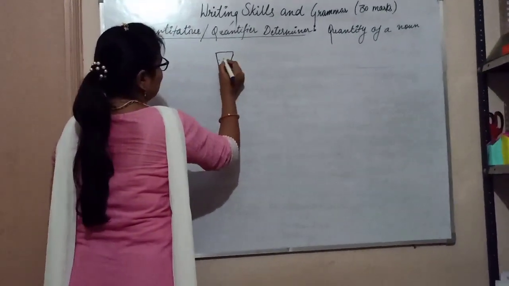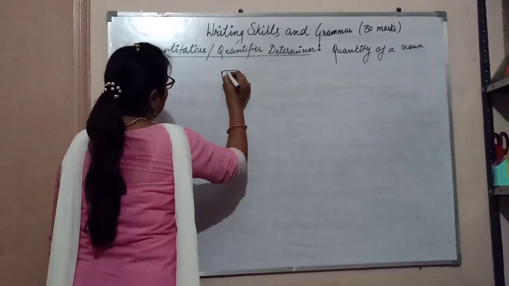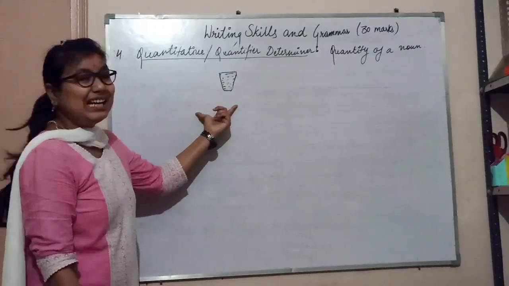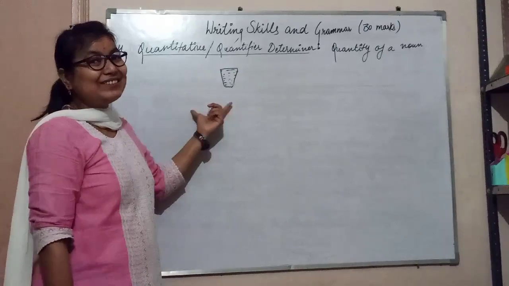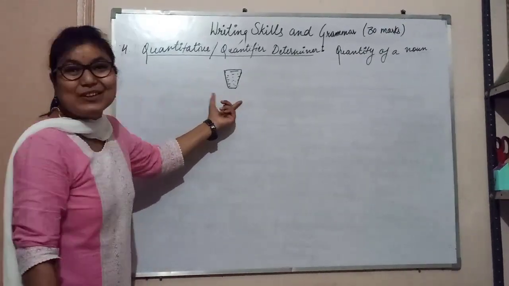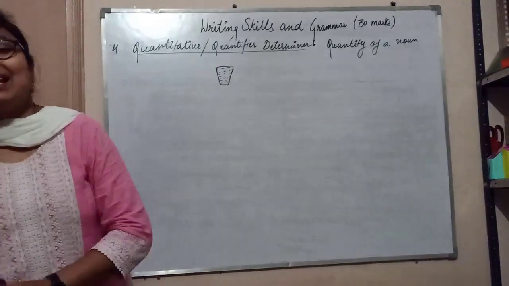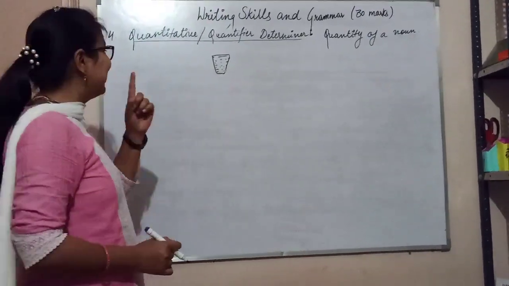This is a glass. Water is here in the glass. And if I ask, how much water, then you are not going to say one or two, or first and second.